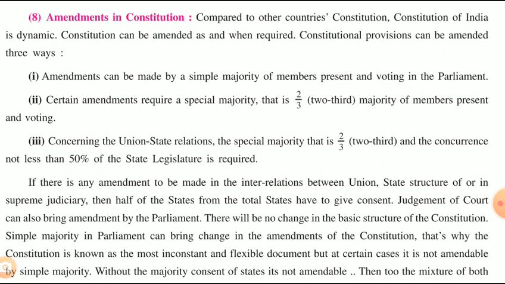So if there is any change related to the union and state relation, that is related to the concurrent list, then two-thirds of the parliament should accept the proposal, and not less than 50% of the state legislatures is required.